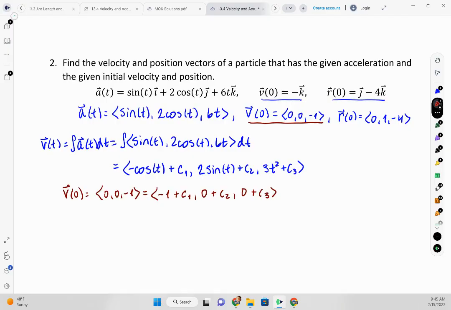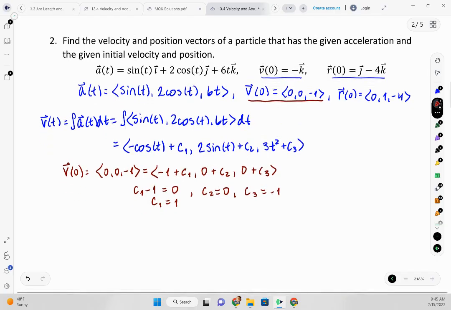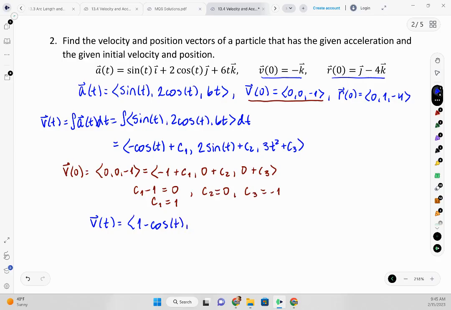So if I equate components, I have c1 minus 1 is equal to 0, so c1 is equal to 1. It looks like c2 is equal to 0, and c3 is equal to minus 1. So now my final velocity vector has components 1 minus cosine of t, 2 sine of t, and 3t squared minus 1.